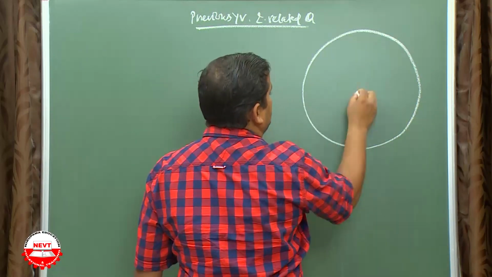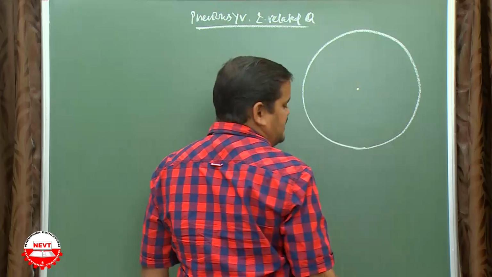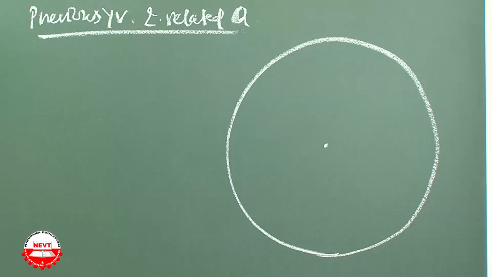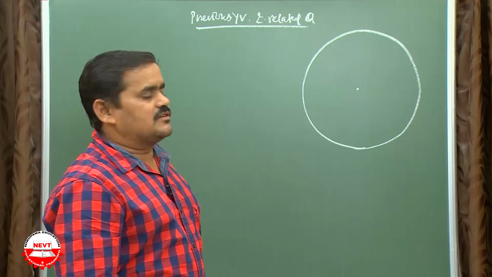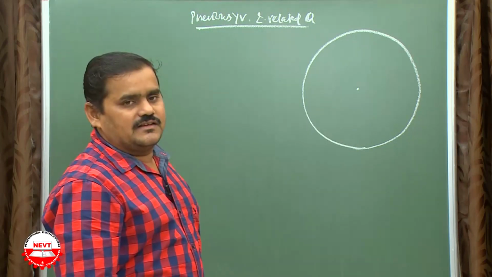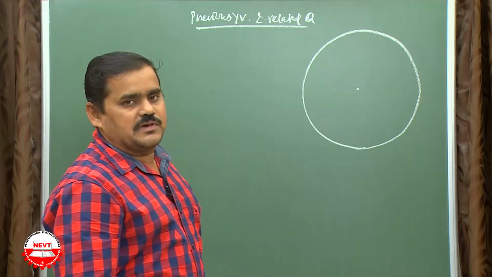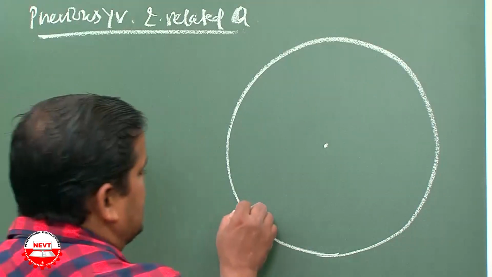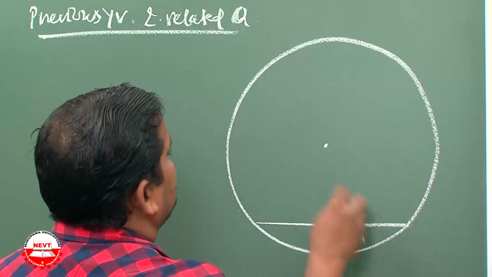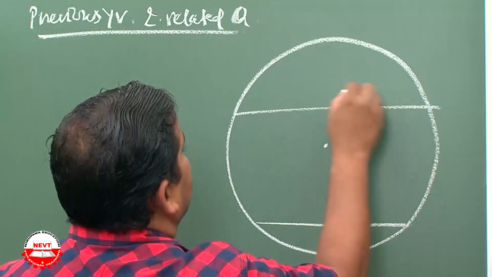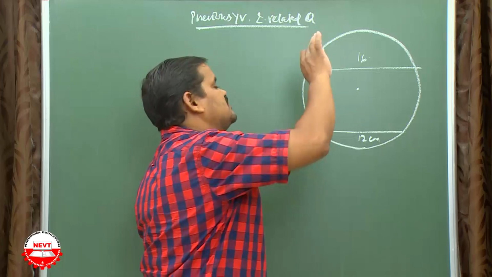In a circle, two parallel chords of length 12 centimeter and 16 centimeter are on opposite sides of the center.